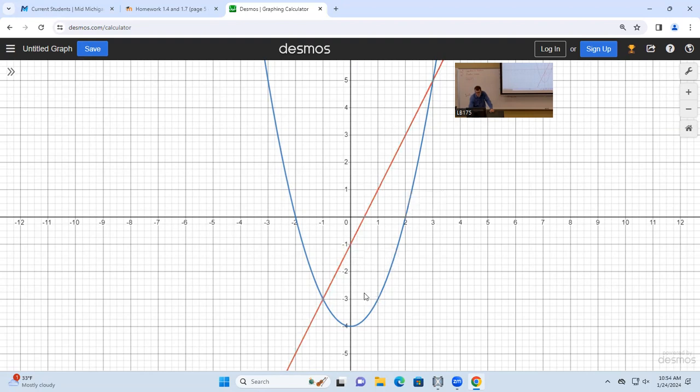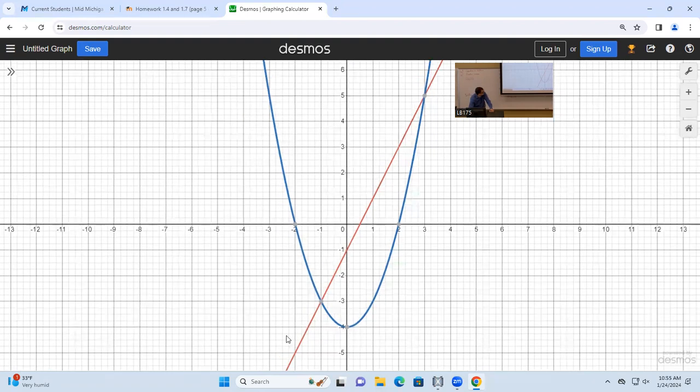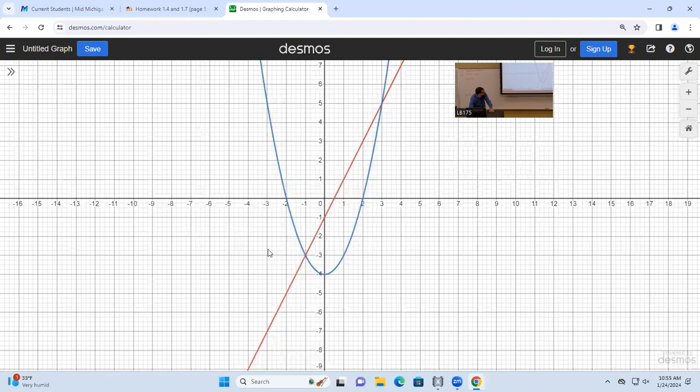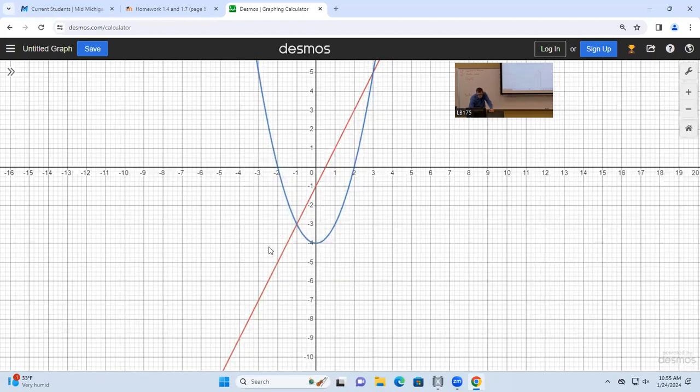Let's do the same thing, f of g of 1. Well, if I input a 1 into my parabola, I get an output of -3. And then I go with an input of -3 onto my line, which would give me an output of -7.